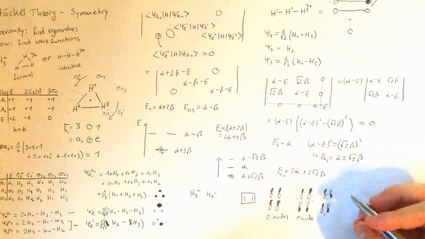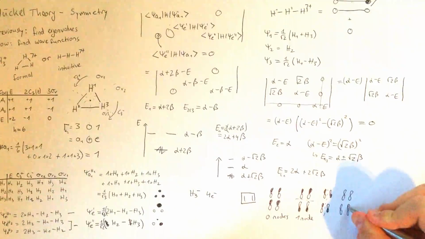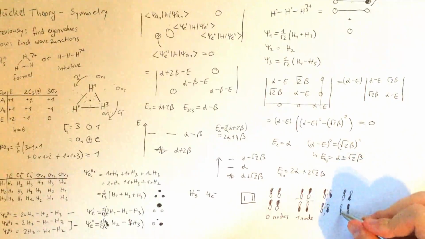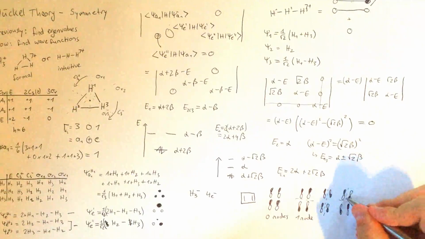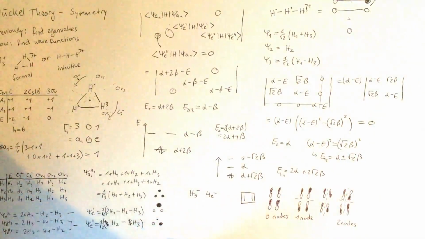And then finally, I can also draw up a form where I have 2 nodes so that none of the orbitals overlap. Right?